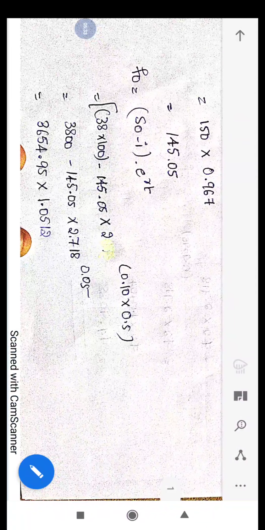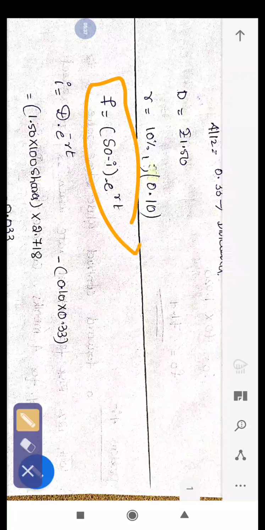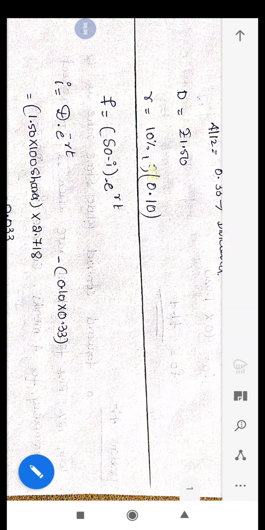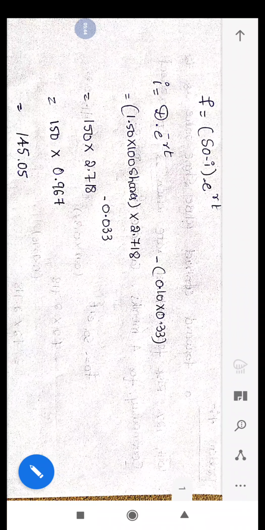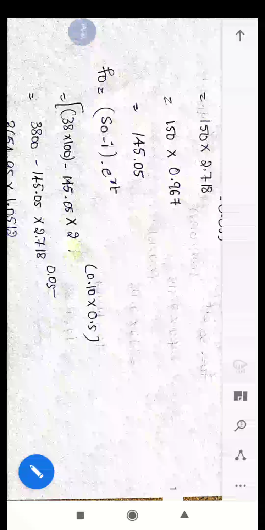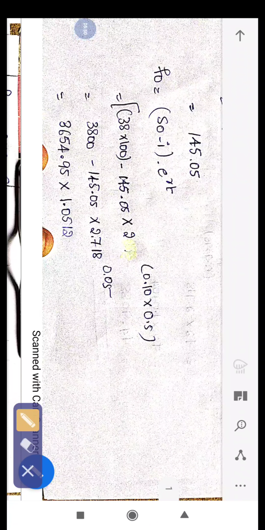Now we have to come to the main formula, that is F0 equals S0 minus I into e^(rT). S0 is the share value, 38. How many shares do we have? 100.